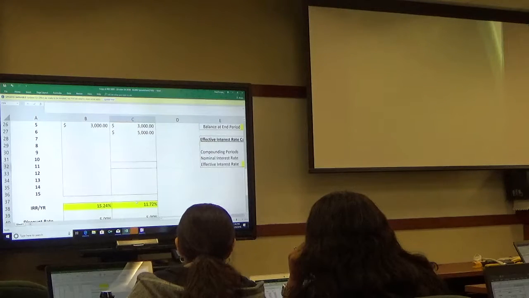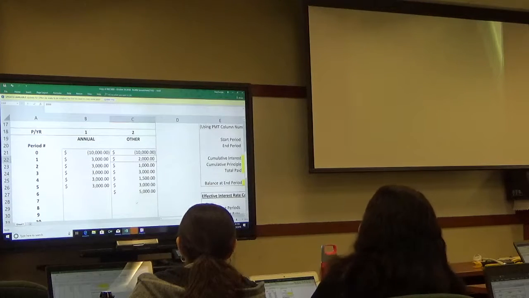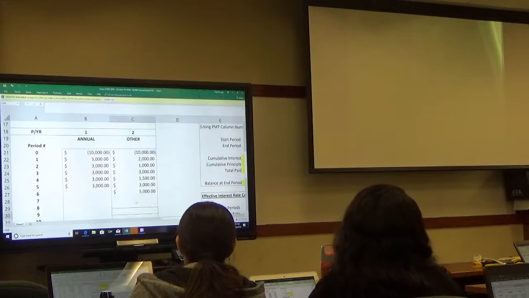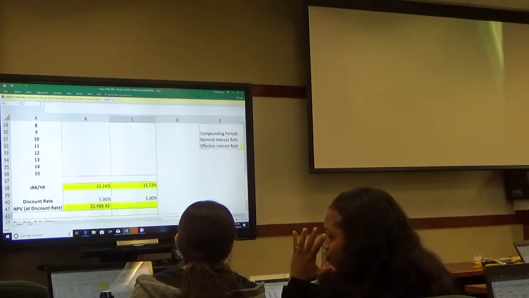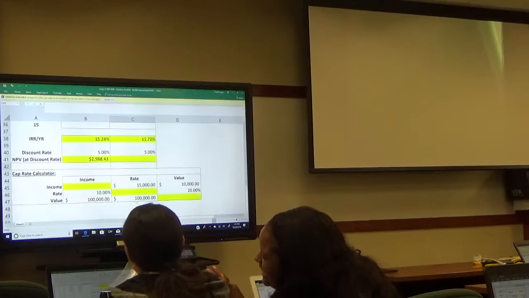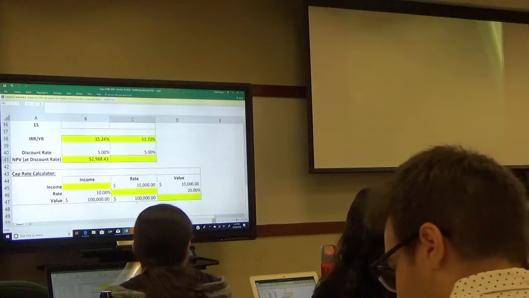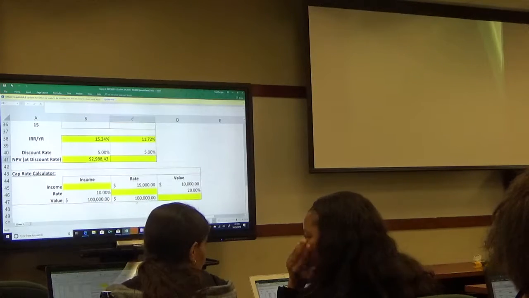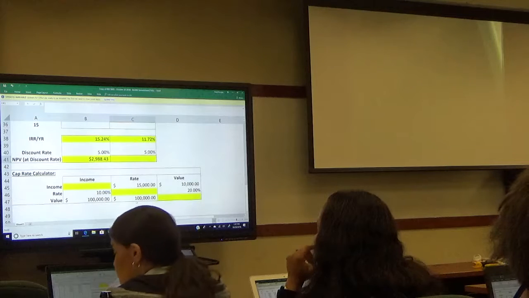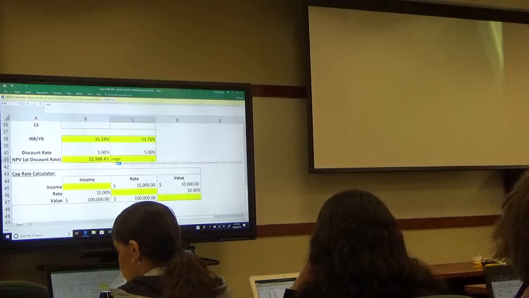No, I'm trying to remember. What did I attempt to do here? One sentence is going to drive me nuts. Okay, let me see. Is it because it's the other income that's in addition to this? Yeah, I think what I did was I chose to do an alternative compounding period. And what I'm trying to remember is what I did, but let's go ahead and calculate the NPV and then we'll come back to it here in a second.